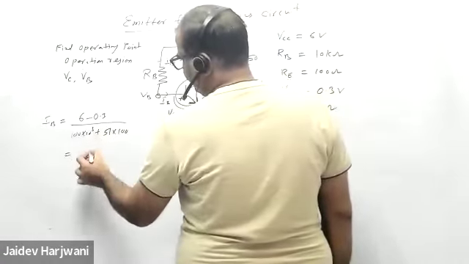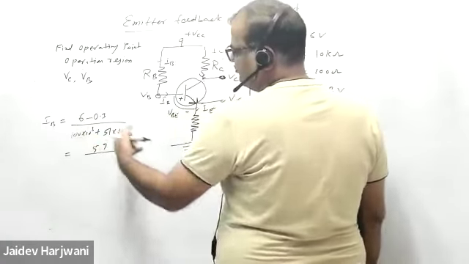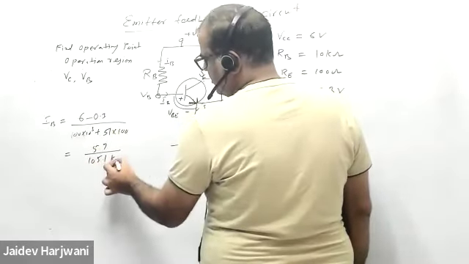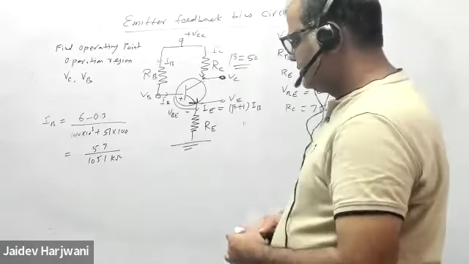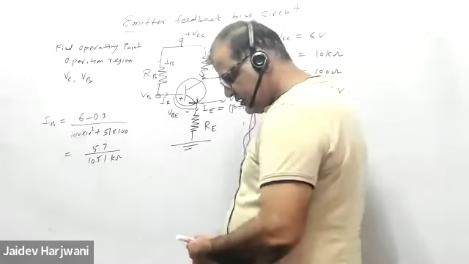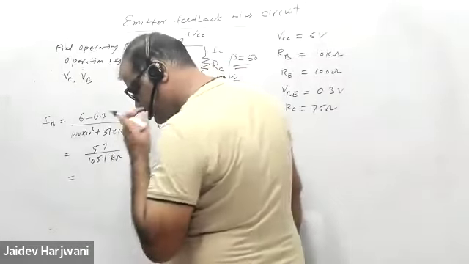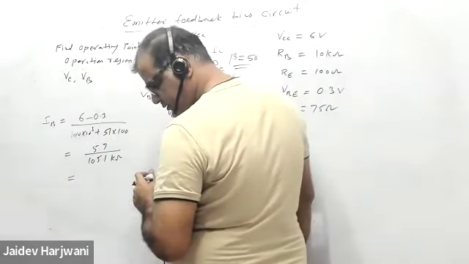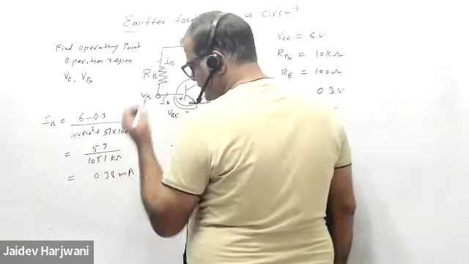This is 6 minus 0.3 is 5.7, over 100 kilo ohm plus 5.1 kilo ohm. Calculation you do and you tell me what is the value of IB. So 0.38 milliampere. 0.038 or 0.38? Okay, 0.38, sir.